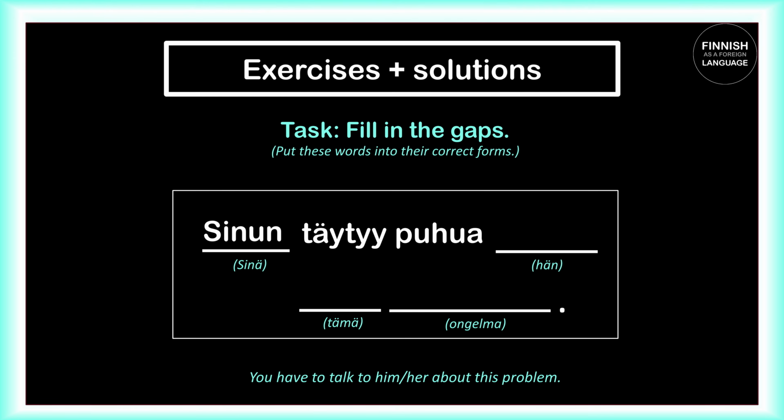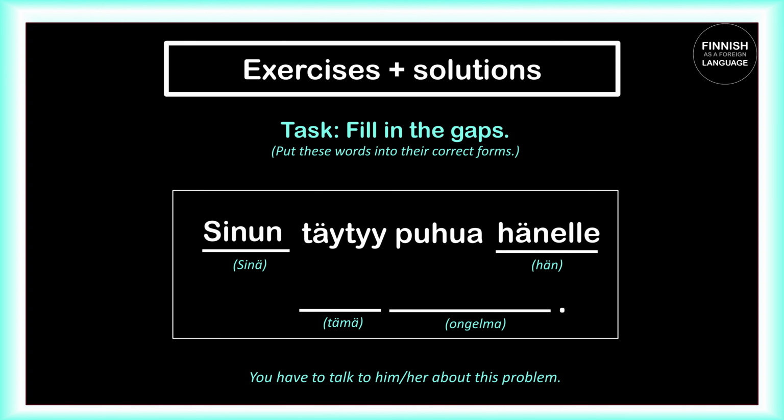The first one is sinun. Sinun täytyy puhua means you have to talk. It's the necessity sentence structure. So that's why sinä has to stand here in the genitive case, which is sinun. Then we have hänelle, which is the allative case. So we have sinun täytyy puhua hänelle. And what do we have to talk about? We have to talk about this problem.